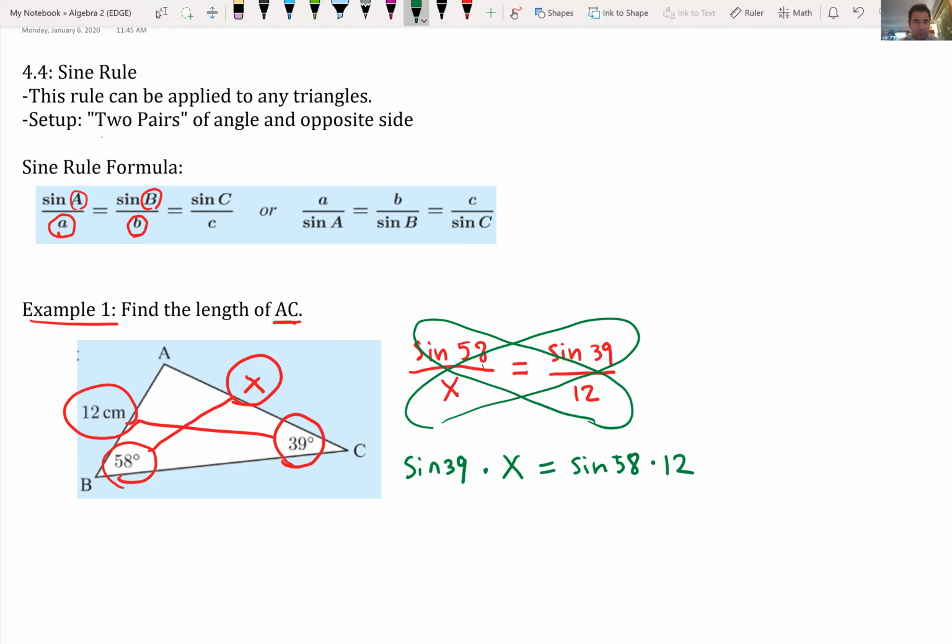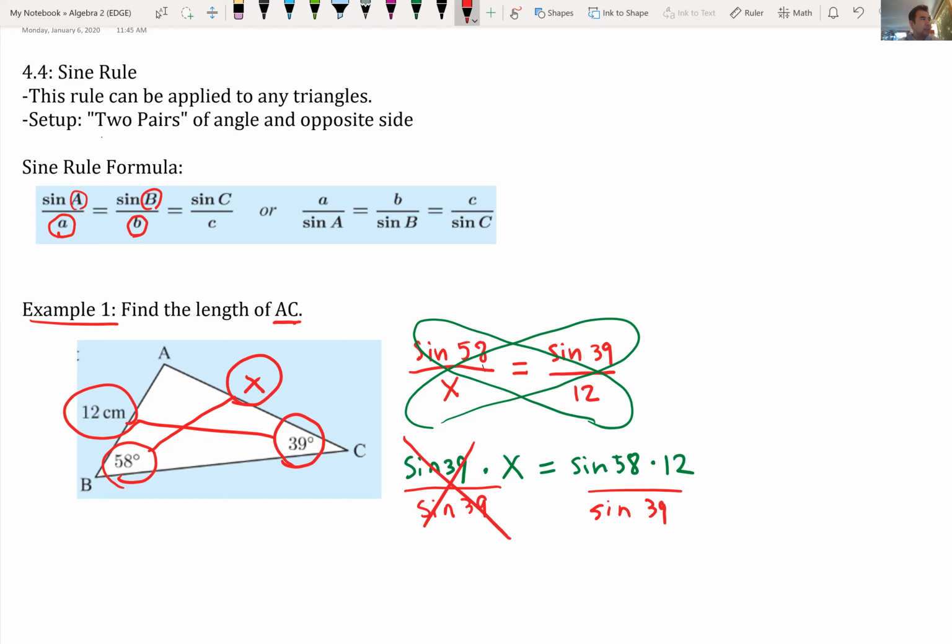Are you guys with me? Since you want to solve for x, let's get rid of the sine of 39. How do we do that? Let's divide both sides by sine of 39, because that sine of 39 will cancel out. So x equals sine of 58 times 12 divided by sine of 39.